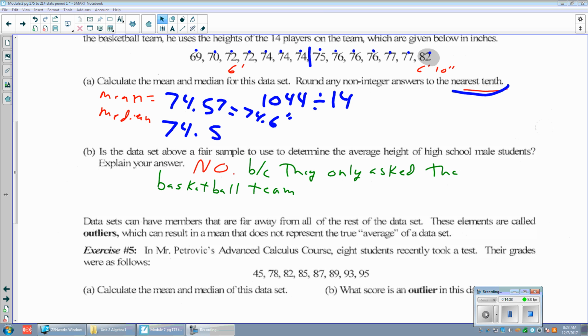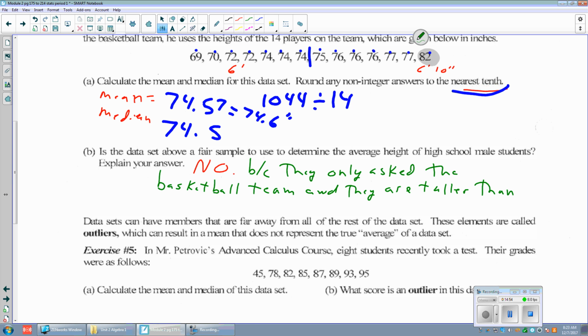Class, what's special about the basketball team? One more time. They're tall. And they are taller than, and the special word which is actually a math word, normal.